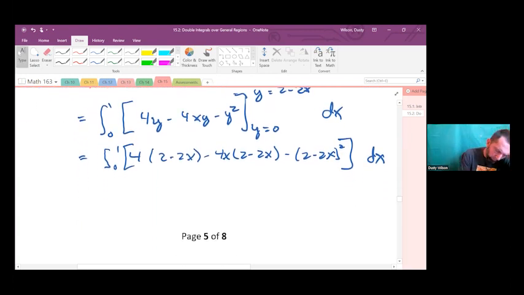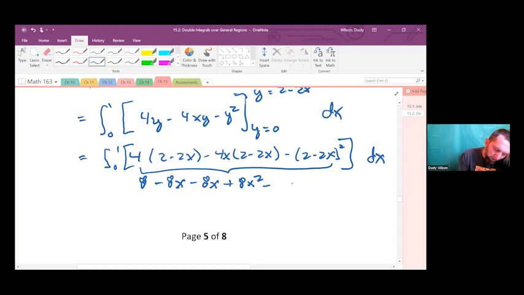So it looks like we have a little bit of algebra to do. All of this stuff together would be 8 minus 8x minus 8x again, plus 8x squared minus, I have to remember that minus sign, so 2 squared is 4, minus minus or plus 8x for the middle term, minus 4x squared for the last term.